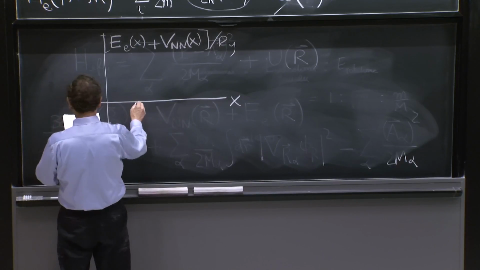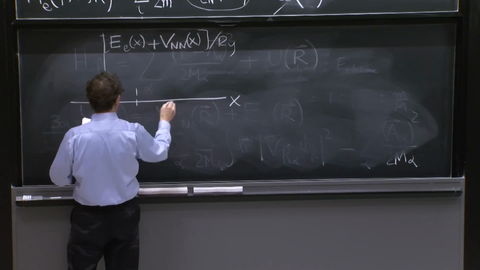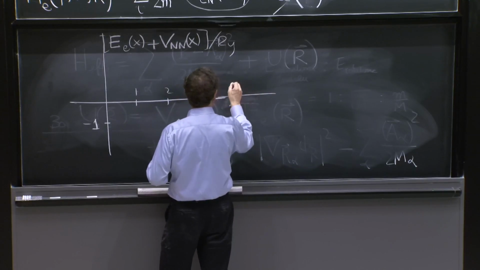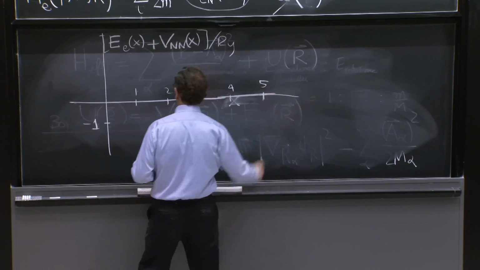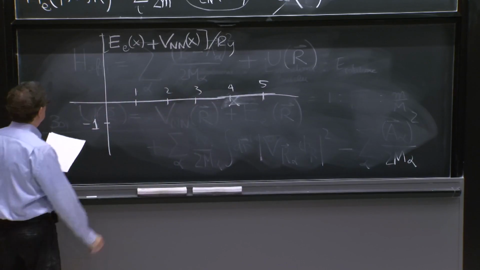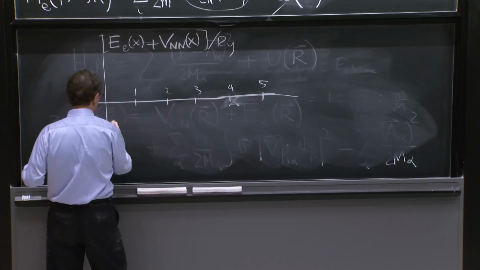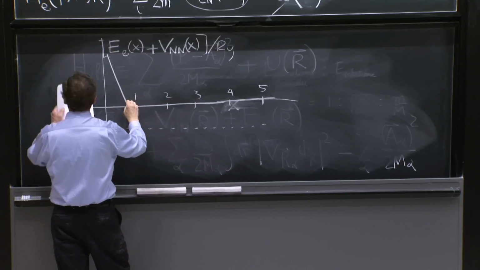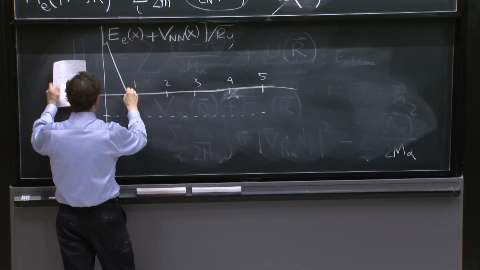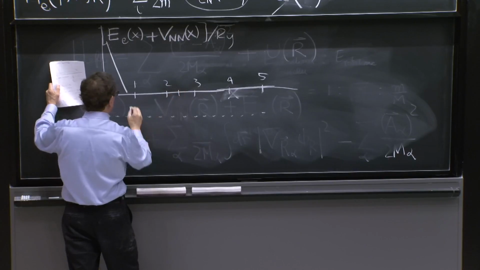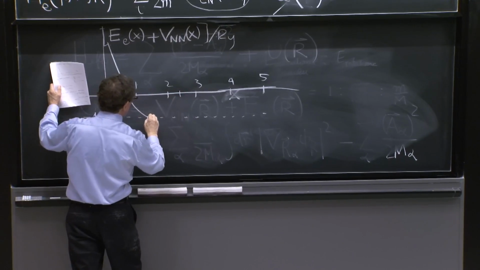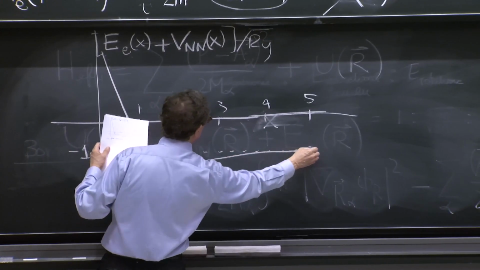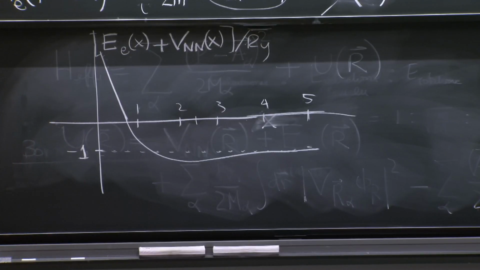And it goes more or less like, okay, let me try to get this right: 1, 2, 3, 4, 5. It goes up here, down, crosses the minus 1 line, and goes to a minimum here, and then it goes like that. Pretty much it's something like that.